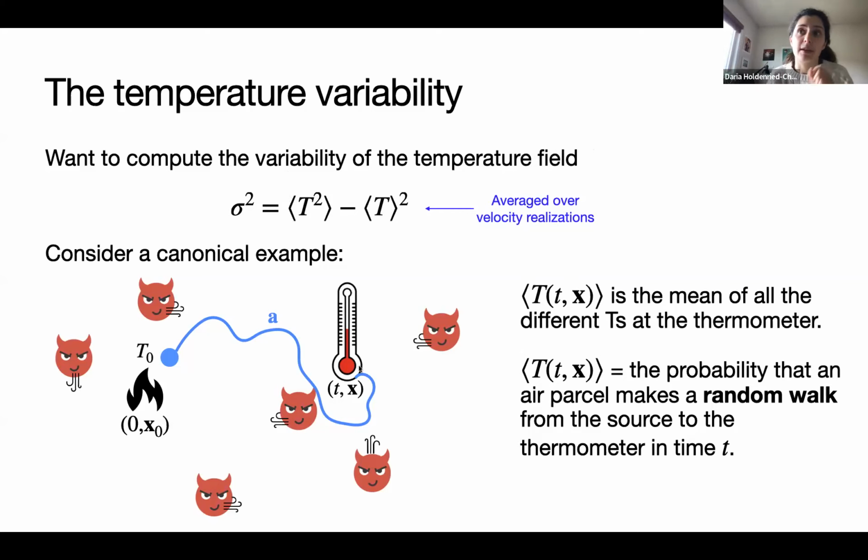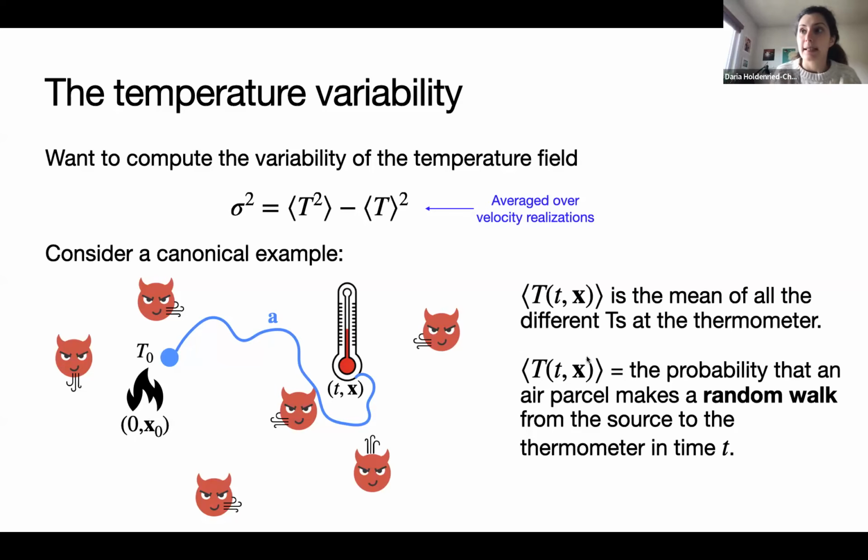And we are always measuring the temperature at a thermometer, which is at some place X in the room compared to the source, which is at X naught, at some time T after we've applied the initial heat source. So the temperature that we will measure at this thermometer is the mean of all the different temperatures that we measure throughout the different iterations of the system.